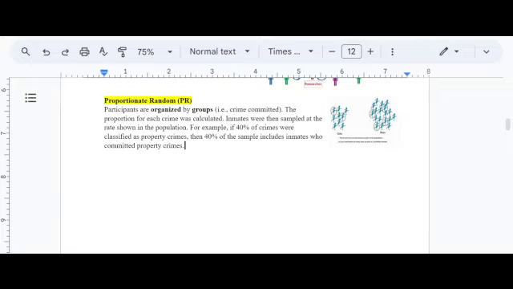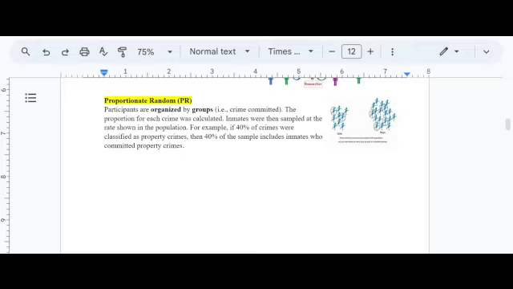So I will say 4,000 plus 2,000, that's 6,000. Divide 4,000 by 6,000 and you get the percentage. And when you get this percentage, that's how many girls you're going to be getting. So if the sample is 100, 60 of the 100 will be girls, and 40 out of the 100 will be boys. Why? Because there are more girls.